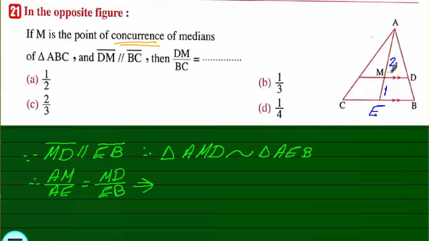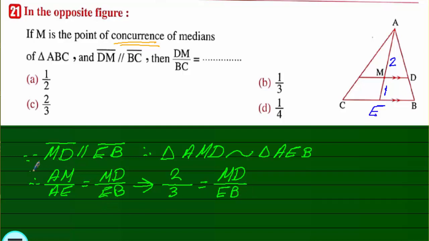If AM equals 2, then AE equals 3. So instead of AM over AE, I will write 2 over 3. It equals MD over EB.